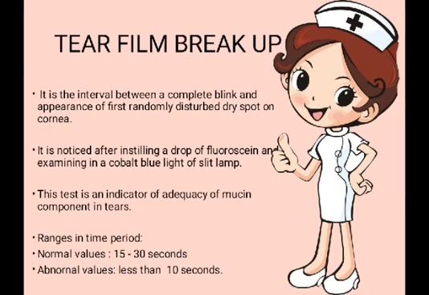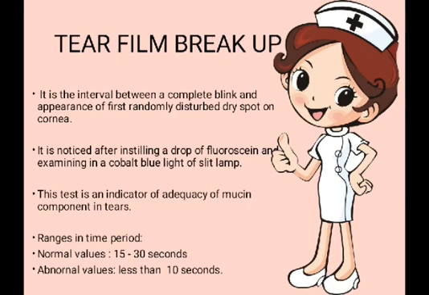Now we will get some ranges. If we get the results within 15 to 30 seconds, then the test is normal. If we get values less than 10 seconds, then these are abnormal values.